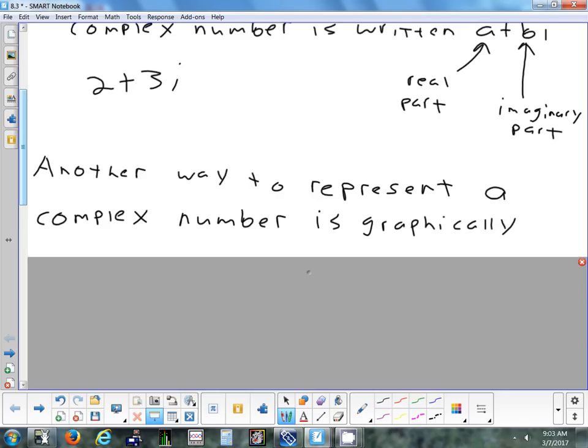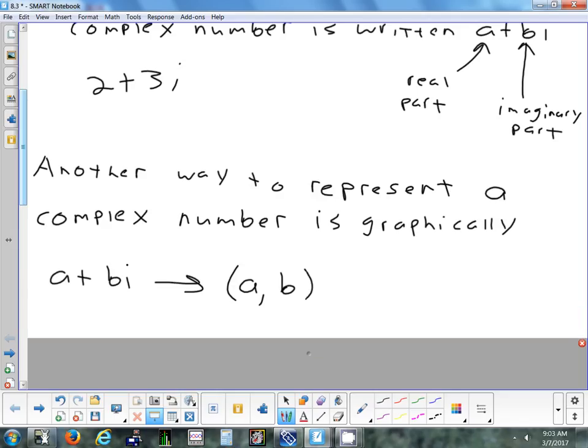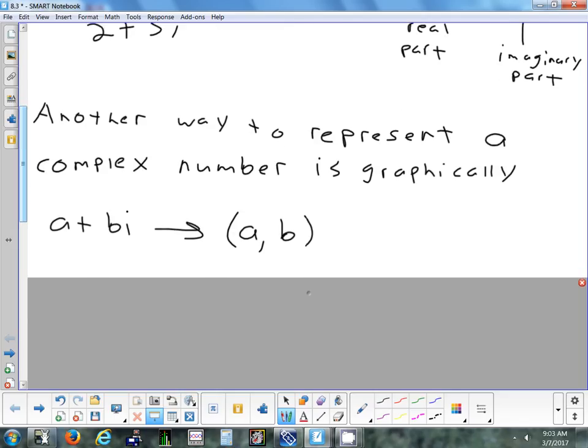There's a way you can graph 2 plus 3i, and it's just as easy as graphing the point 2 comma 3. In fact, if you can graph the point 2 comma 3, that's really the answer to that problem. So graphing something that's in standard form, a plus bi, is just like graphing the point a comma b.